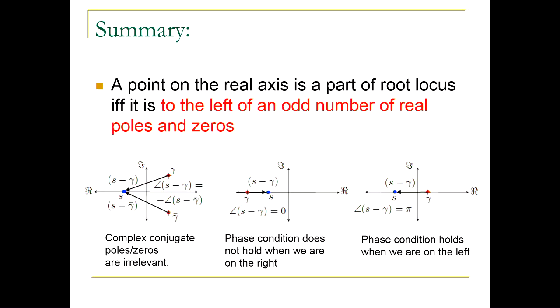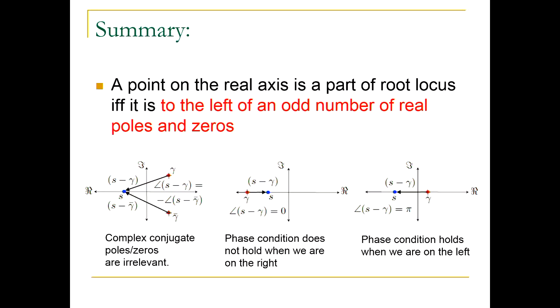So then, if I consider some pole or zero gamma on the real axis, and the test point s is here, what is the phase of s minus gamma? Well, in this case, what is the line that connects gamma with s? Well, that's this line. And what is the angle between that line and the positive real axis? It's 0.